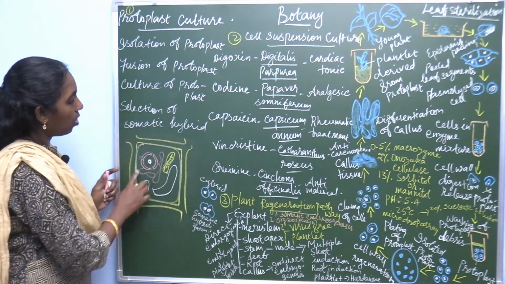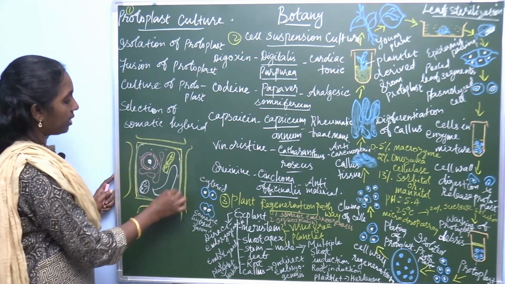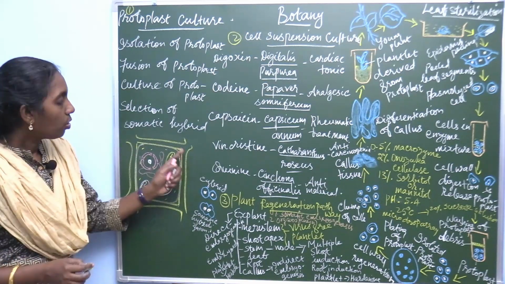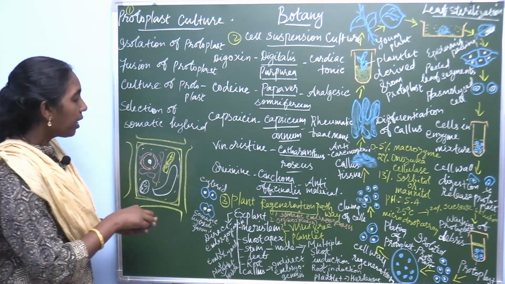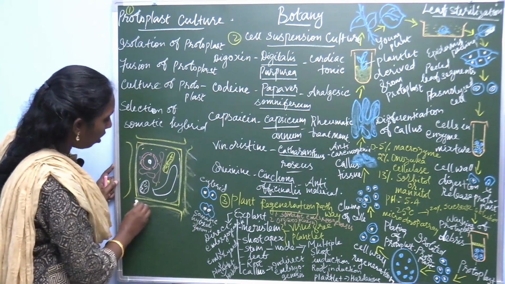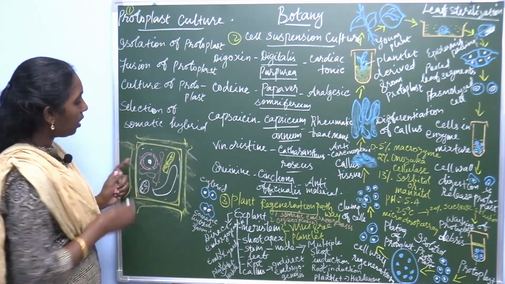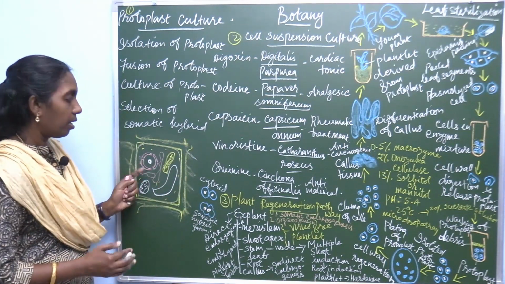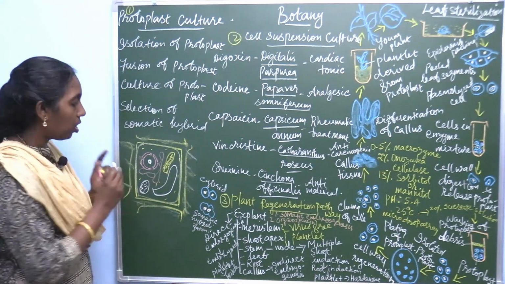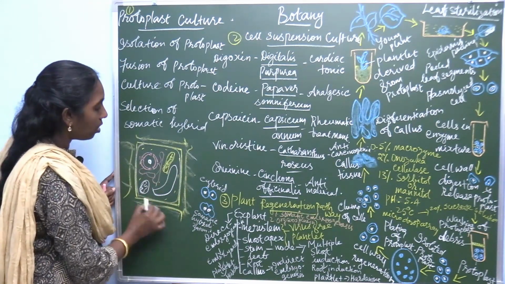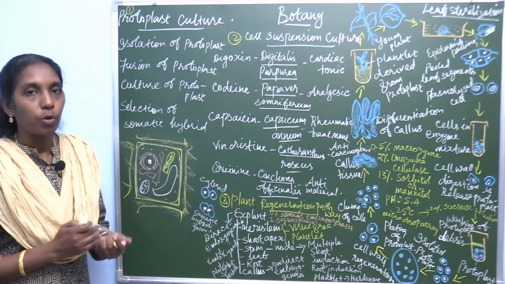All these organelles, cytoplasm. So protoplast is removal of the cell wall. When you remove the cell wall, what is present inside? Inner to the plasma membrane, along with the plasma membrane, what is present inside the cell is called protoplast.